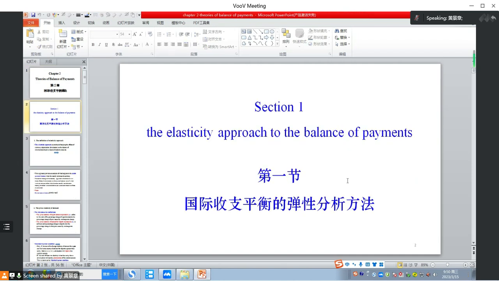Chapter 2, Section 1, the elasticity approach to the balance of payments.